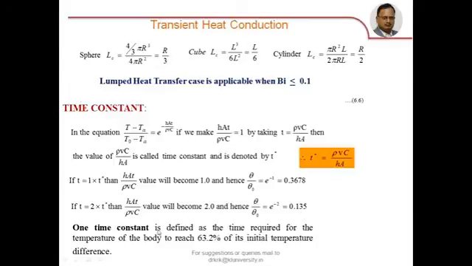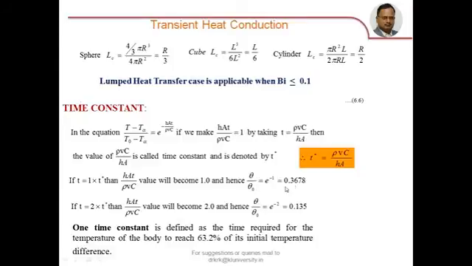So how we define it is, one time constant is defined as the time required for the temperature of the body to reach 63.2% of its initial temperature difference, because e power minus 1 is 0.3678.